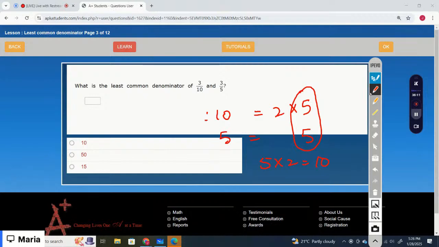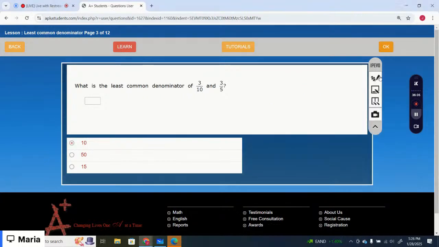So the correct option is 10. The correct option is option number 1.